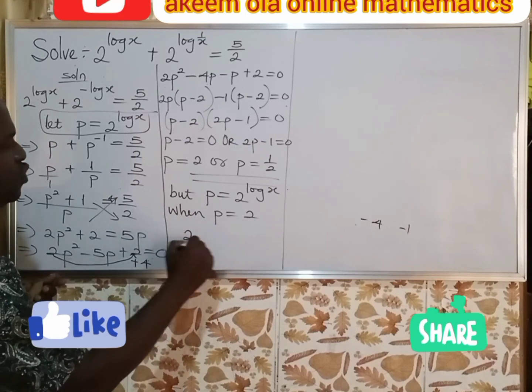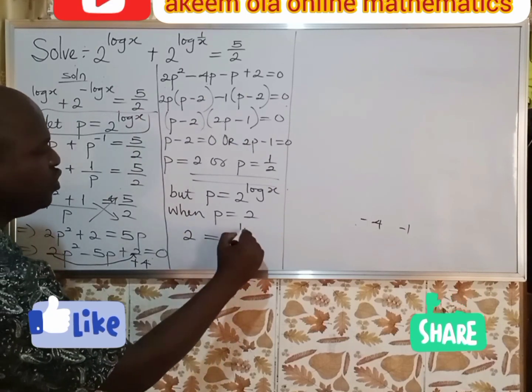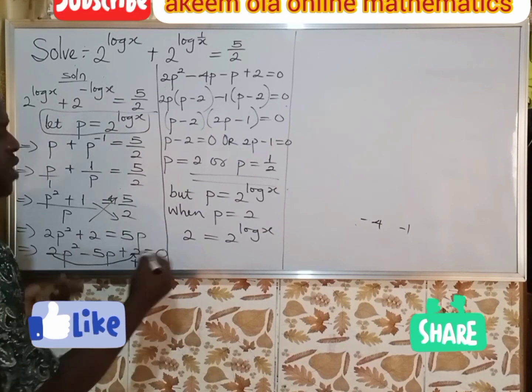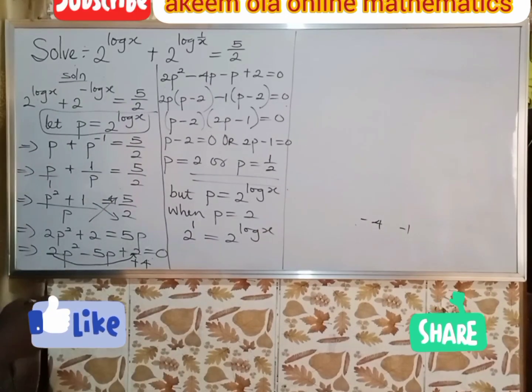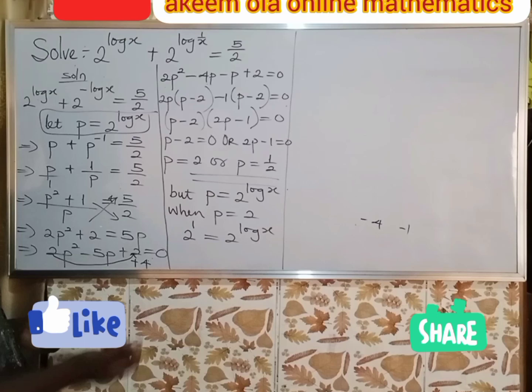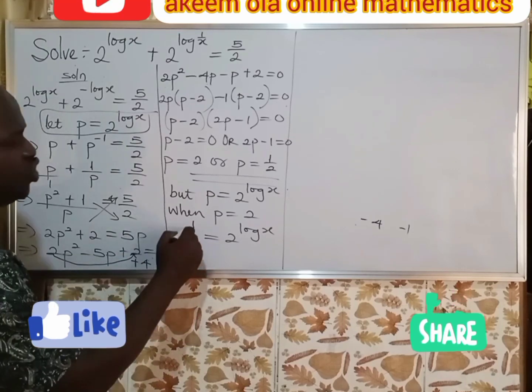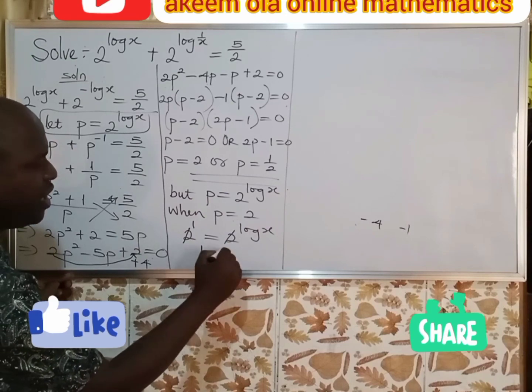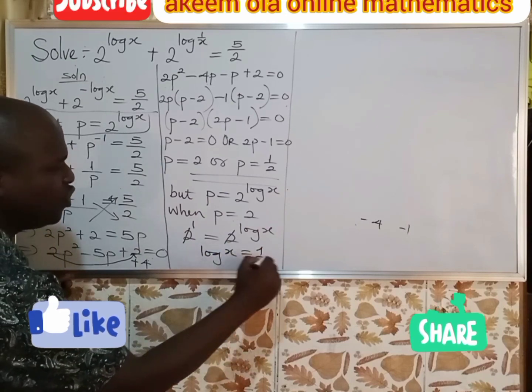That means we have 2 is equal to 2 log x. There must be a power here, and the power can be 1. If I use 1, the 1 will not affect the equation, so the 2 will cancel. That means I'm going to have log x is equal to 1.